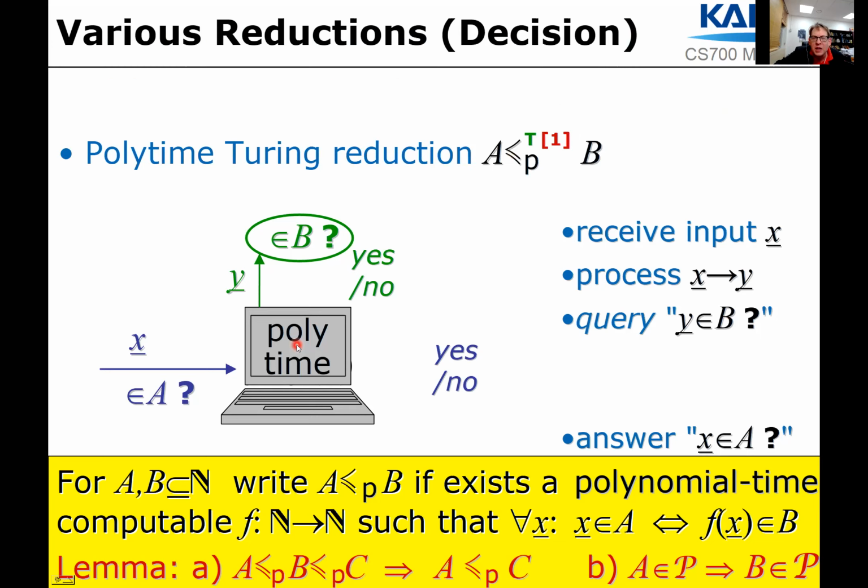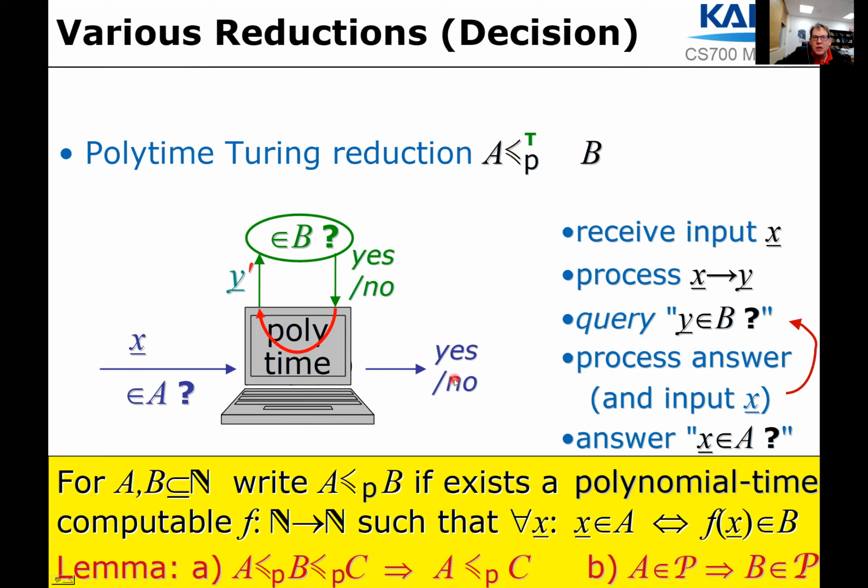Polynomial time Turing reduction, on the other hand, is allowed to process the answer. That means instead of directly passing the answer of the query on as the answer of the original question, now the algorithm gets to process that answer and then only needs to present the thus calculated answer to the original question.